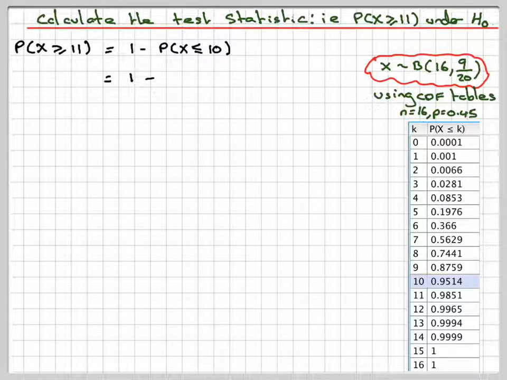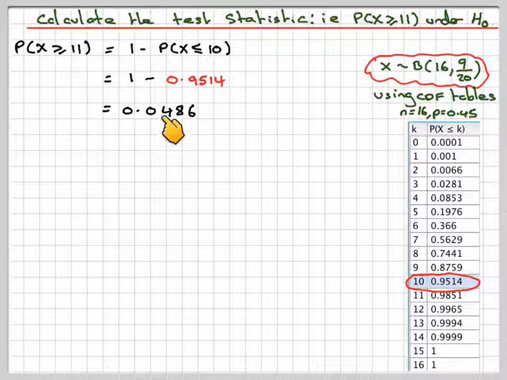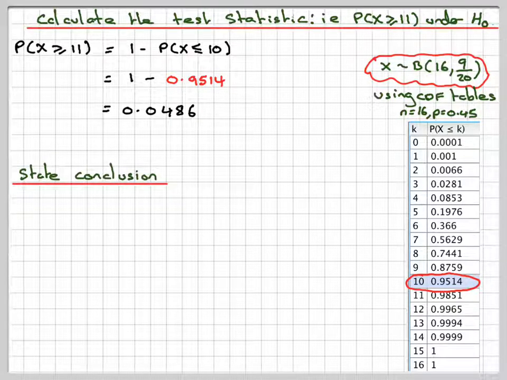You won't find those in a book, so we generated them using GeoGebra. We want 1 minus the probability that X is less than or equal to 10, so it's going to be 1 minus 0.9514, which gives me 0.0486. So we've calculated the test statistic, and now we need to state the conclusion.